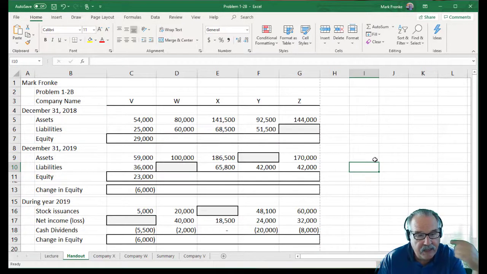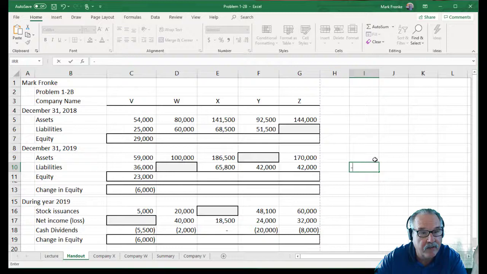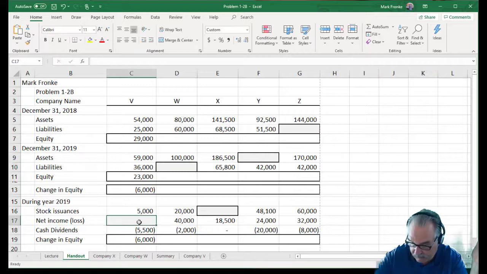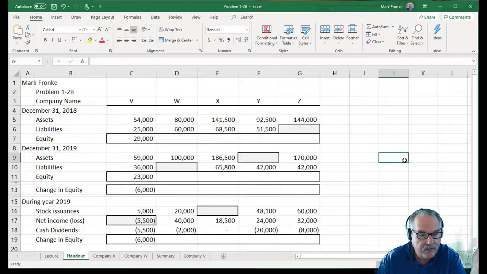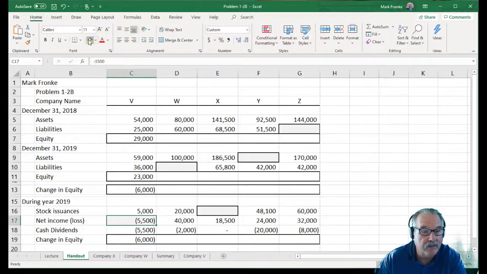That means that if you take those two things together, that's a negative 500, which means that the net loss in this case had to be a negative 55. That's in the wrong place, sorry. Had to be a negative $5,500 in order for this to work. So we can plug in the net loss as $5,500.